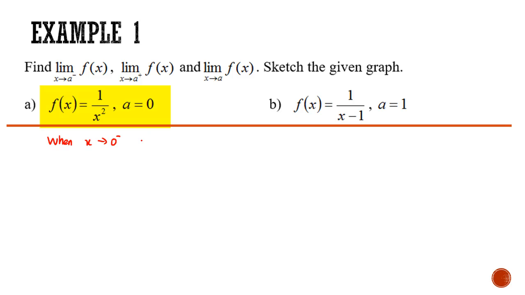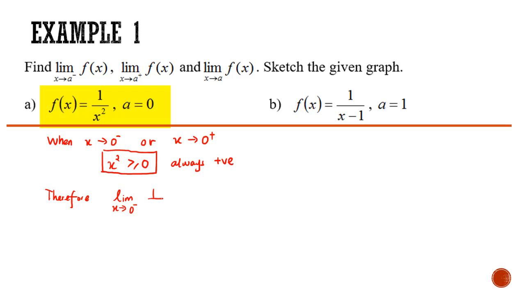When x approaches 0 from the left or from the right, we know that x squared is always positive. So from here, the denominator will be 0 plus, no matter whether it is the left side or right side limit.